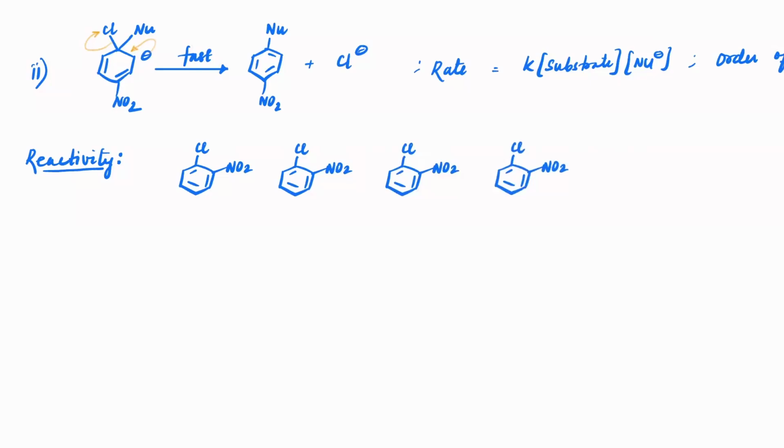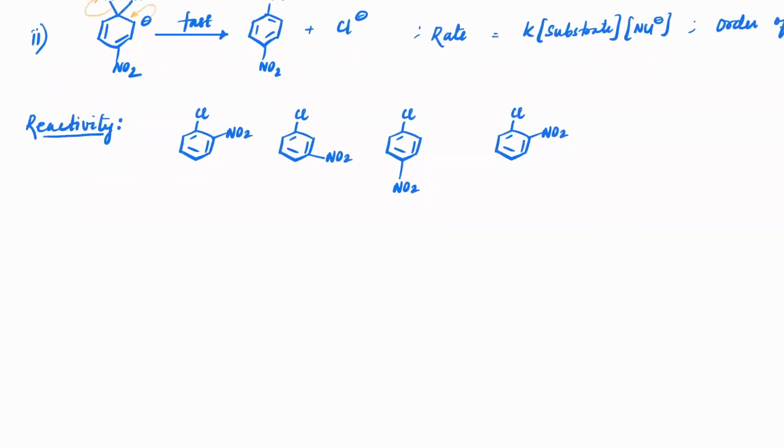In one, I'm putting this NO2 at the meta position, and in one, at the para position, like this. Correct? And one without NO2. So this is ortho, meta, para, and nothing, which we call hydrogen.